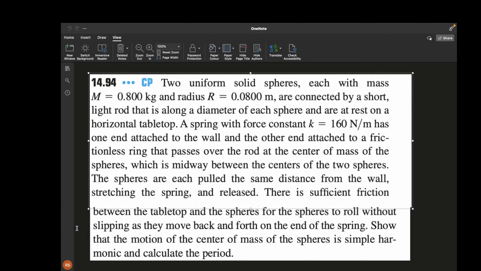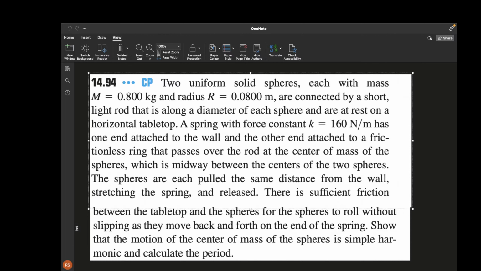Radius 0.08, three significant figures, are connected by a short light rod that is along the diameter of each sphere and are at rest on a horizontal tabletop. So the rod is placed between them like this. The rod goes through them in fact.